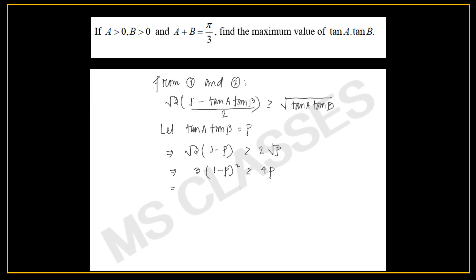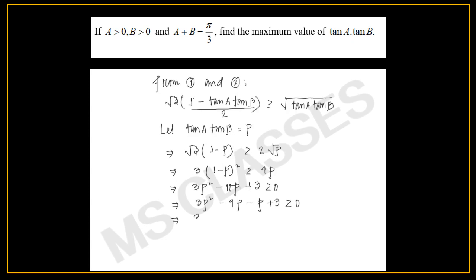Now from this we can say that 3p square minus 10p plus 3 is greater than or equal to 0. Now we can simplify this one further: 3p square minus 9p minus p plus 3 greater than or equal to 0.